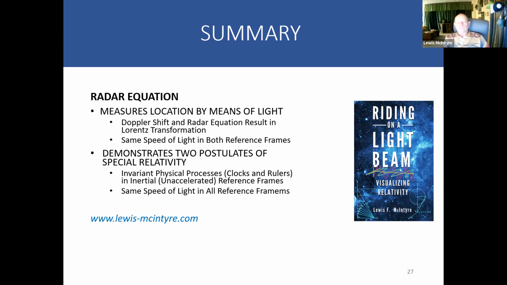The invariance of physical processes such as clocks and rulers, because the two reference frames do not alter their orthogonality of the X and CT axes, nor change the units of measure. They are simply rotated with respect to each other. And it satisfies the invariance of the speed of light between the two reference frames.